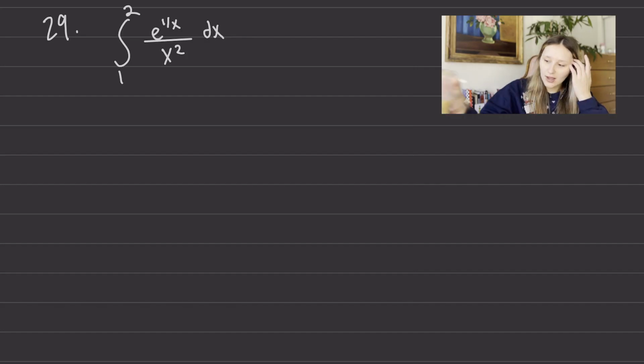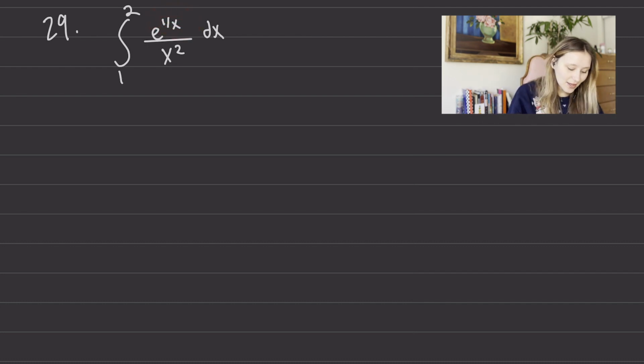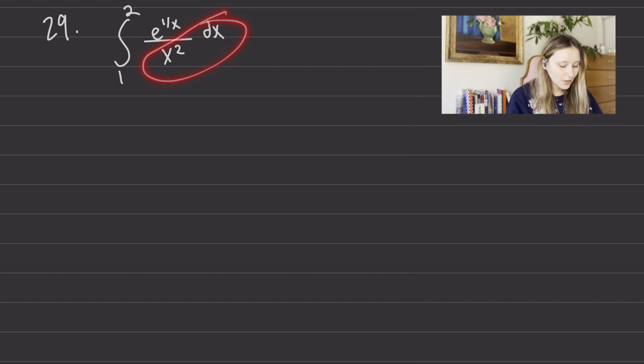E to the 1 over x squared. Now, this is going to be a u substitution problem because we see something, and we also see the derivative of that something in the problem.